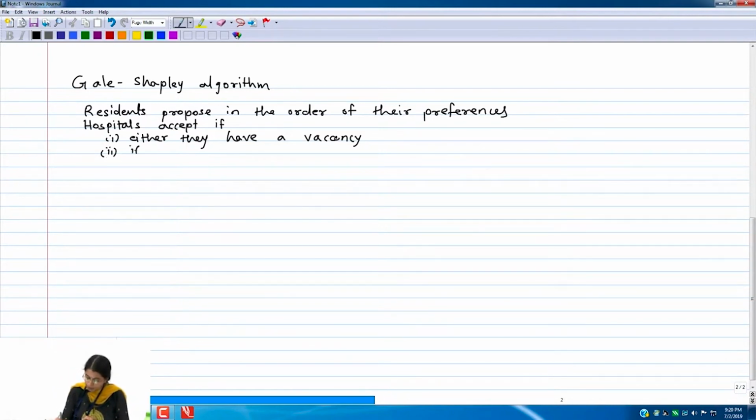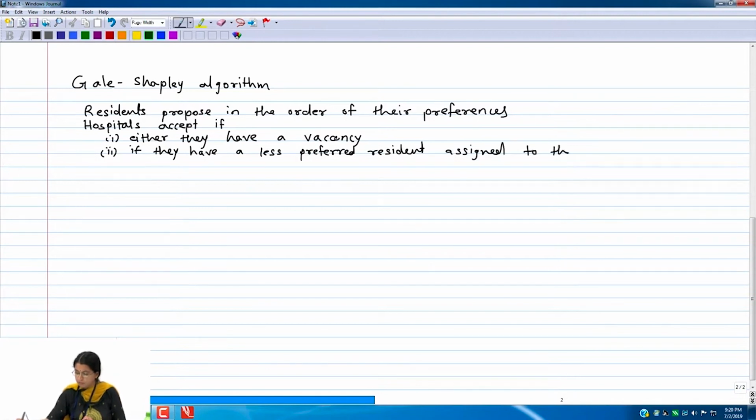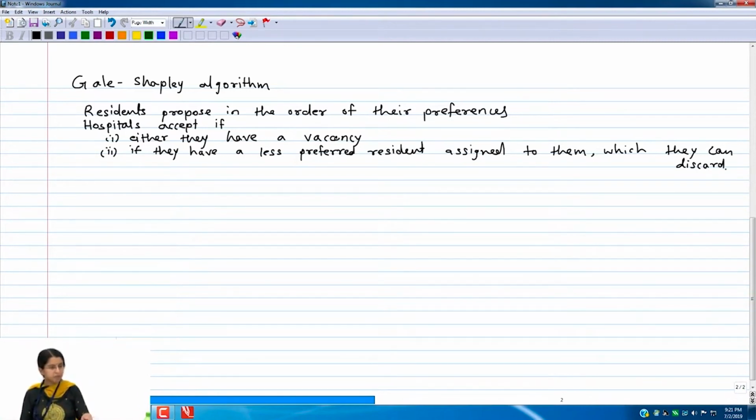Or if they have a less preferred resident assigned to them which they can discard. So a very high level sketch, but essentially the same algorithm.